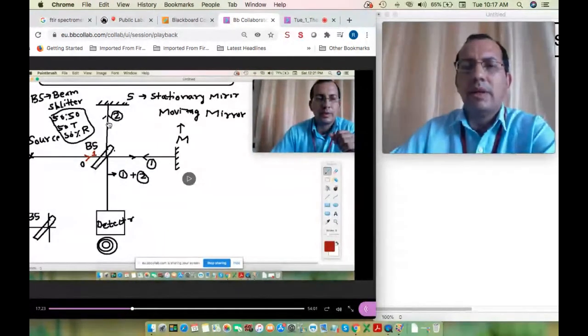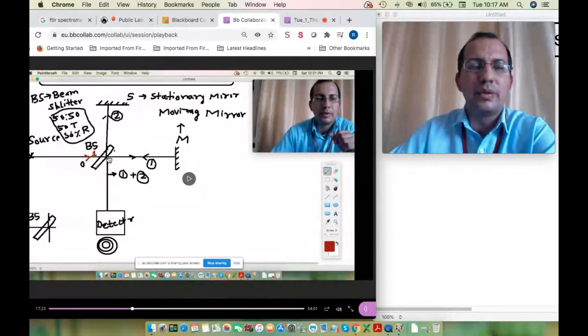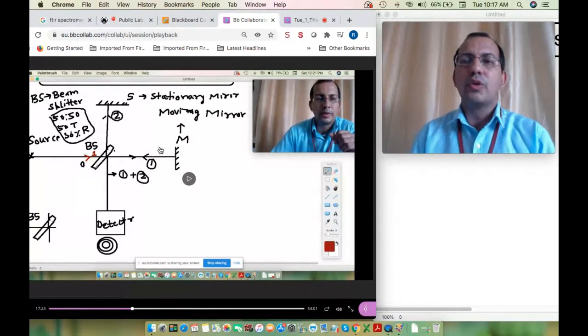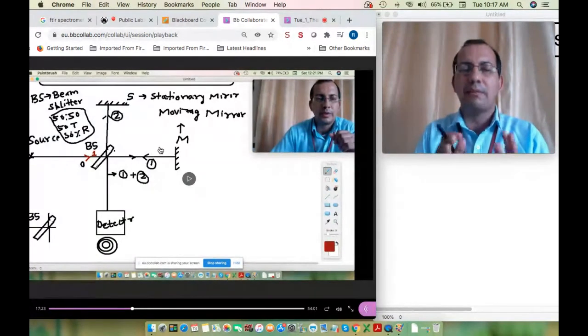Somebody will ask the question: why make them equal? The answer is that in optics, these two paths must be exactly at one point. Either they should be at the same optical length or optical separation, or they should be at an integral or half integral multiple of this separation. So the first task is to find out the separation which is the same separation.